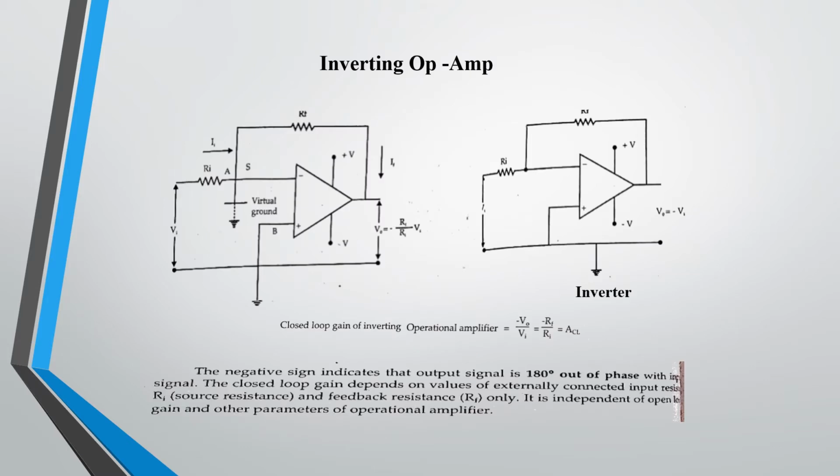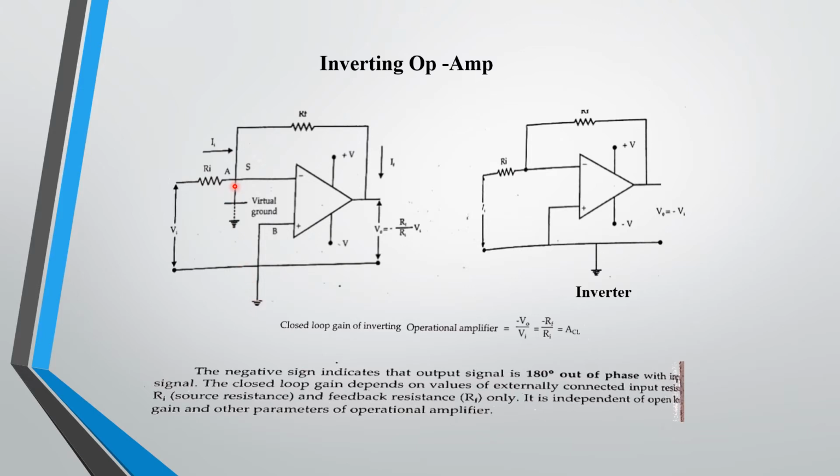Now let us see the inverting operational amplifier. The difference between inverting and non-inverting op-amp depends on the input voltage, as mentioned earlier. So here the input voltage is applied to the inverting input terminal, and the non-inverting terminal is connected directly to the ground potential. The concept of virtual ground is found in the inverting operational amplifier.